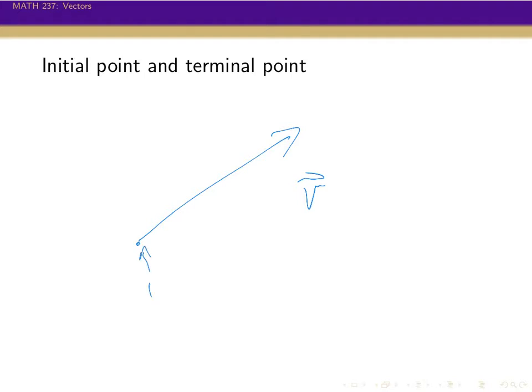A vector has an initial point, which is where the vector starts, and then it has a terminal point, which is where the vector ends. As we move it around, these initial points and terminal points can change. But if we have it fixed in any one place, then we can talk about a vector at that position, what its initial point is and what its terminal point is.